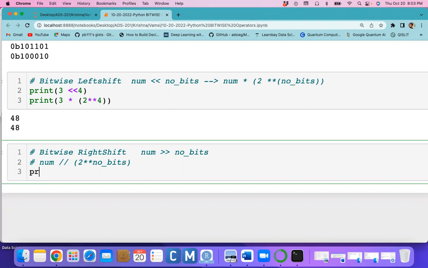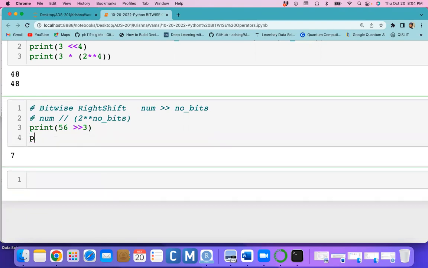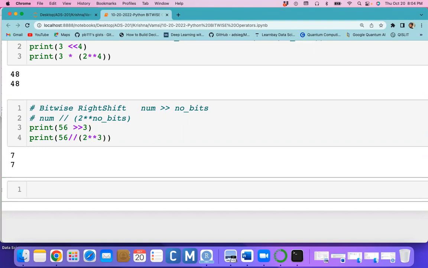For example, I have the number 56 and I want to shift it right 3 times, which gives you 7, right? How are you getting 7? Directly we can apply the formula, or else we can go through the process. 56 floor division with 2 power of 3, then we are getting 7. This formula will help you directly get the result.